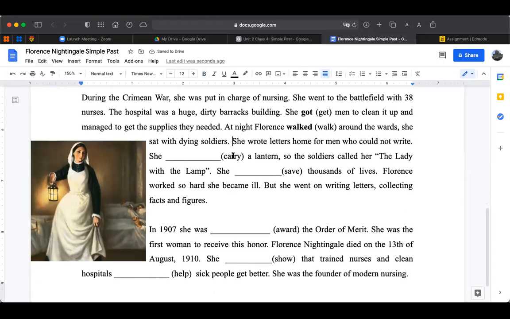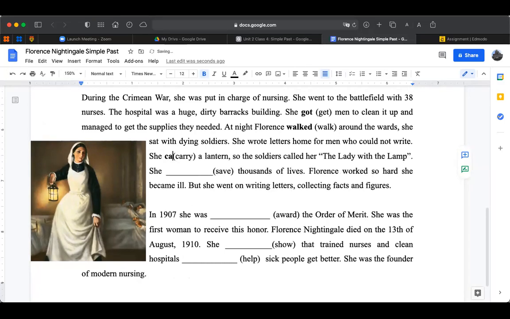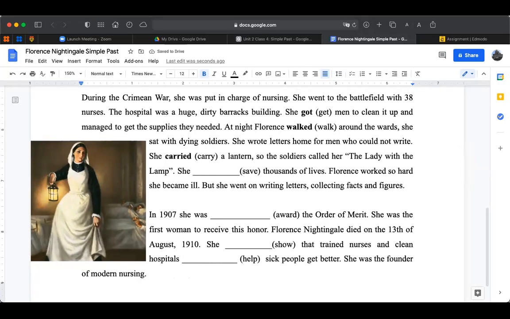La Kiara. Okay, Kiara. Kiara, are you there? She was easy. She brought letters home for men who could not write. She carried a lantern, so the soldiers called her the lady with the lamp.